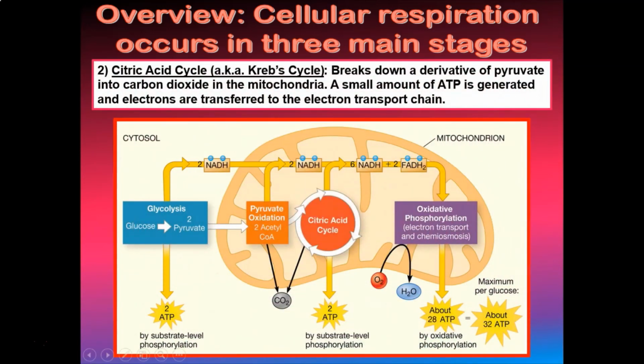The next thing that we're going to talk about is the citric acid cycle, or the Krebs cycle. And what this is going to do is take your pyruvate and oxidize it. First of all, pyruvate here, you have to groom it a little bit and get ready for this cycle. Okay, and when you do, yeah, you're going to get a little bit of ATP, but you started off with C6H12O6.